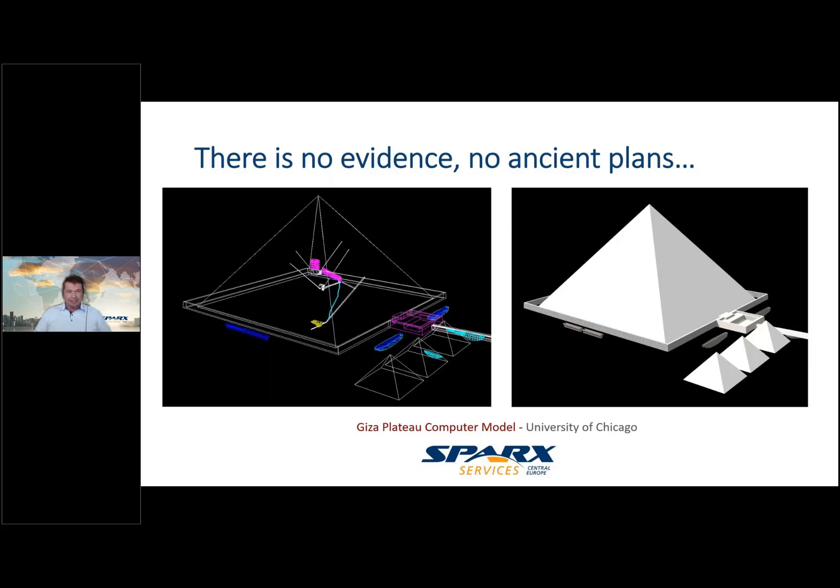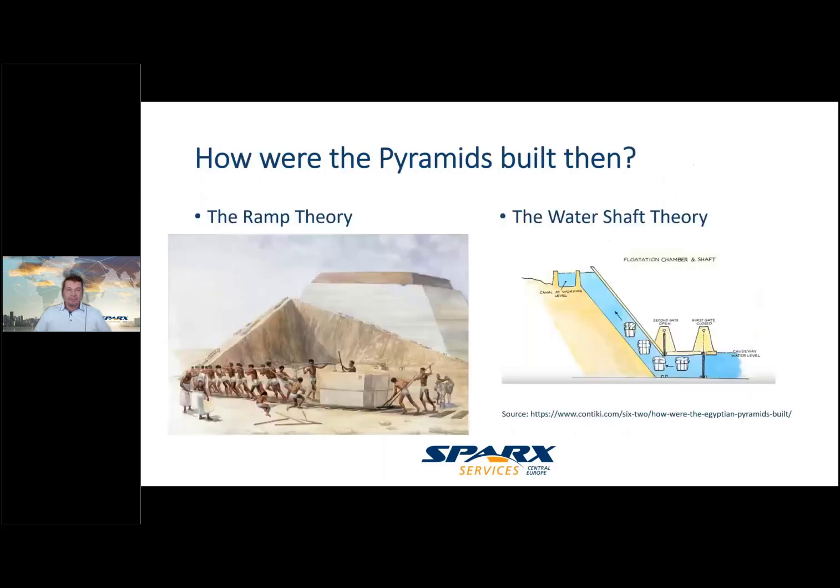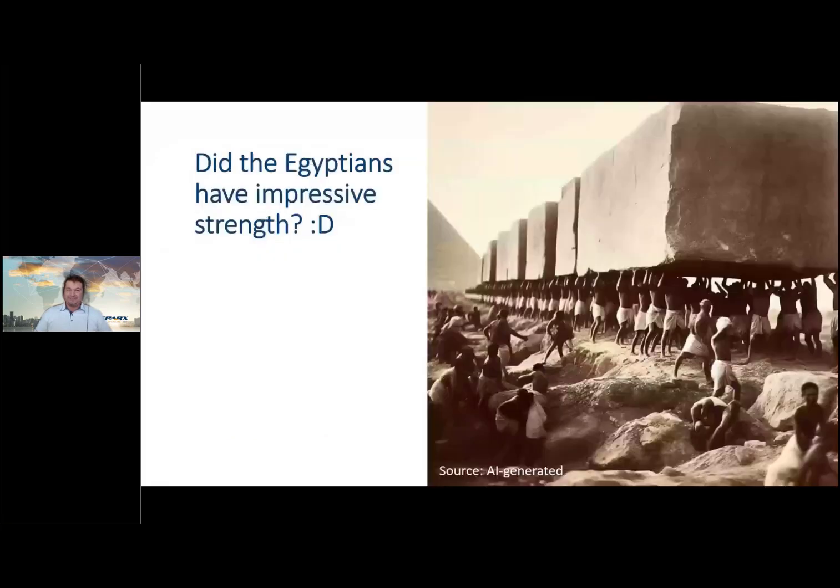But do we actually know the technology, how the pyramids were built then? Well, we can assume. There are a lot of theories: the ramp theory, the water shaft theory, or some people say there were aliens. Some people say that the Egyptians had really impressive strength.